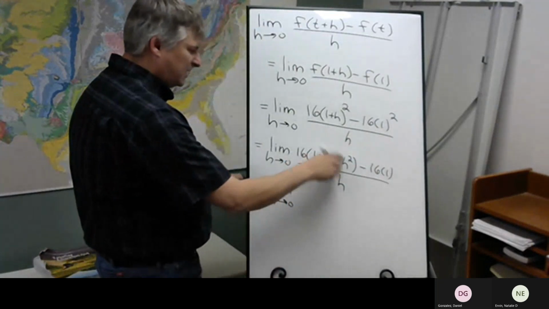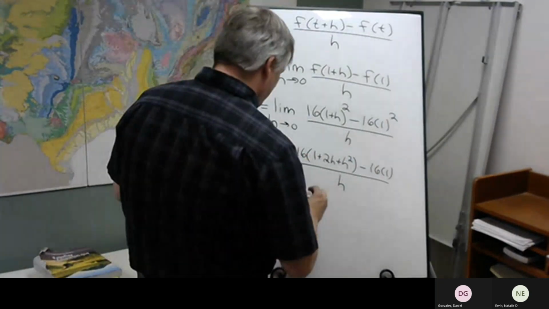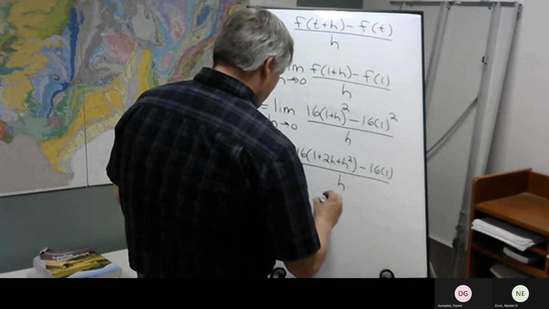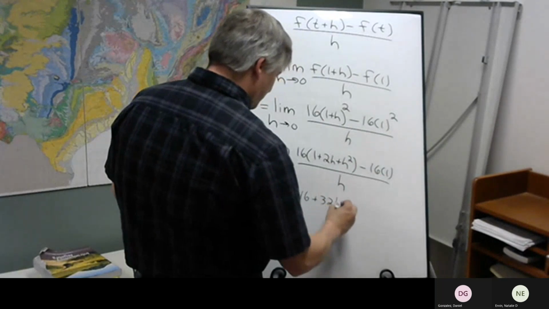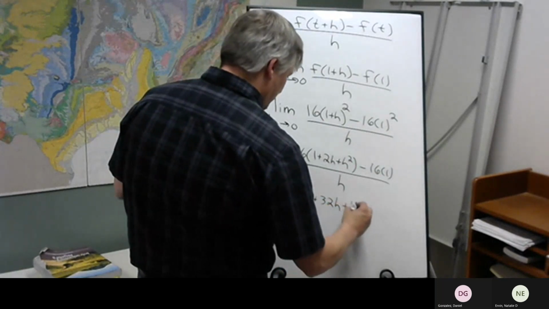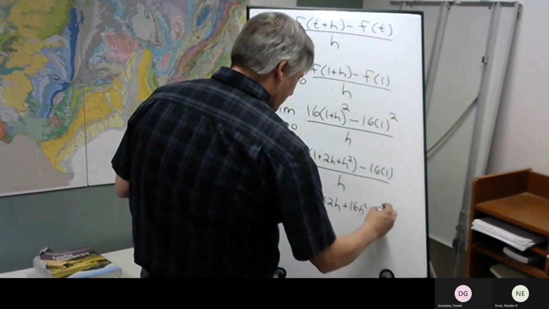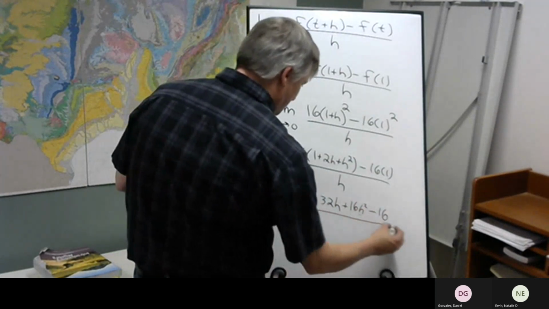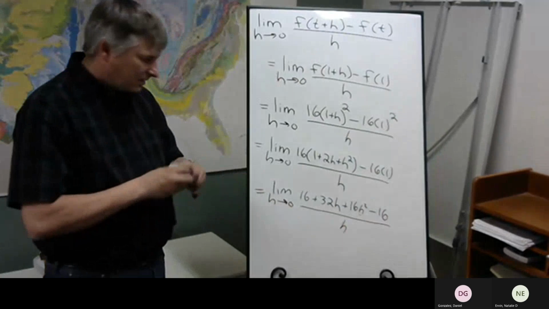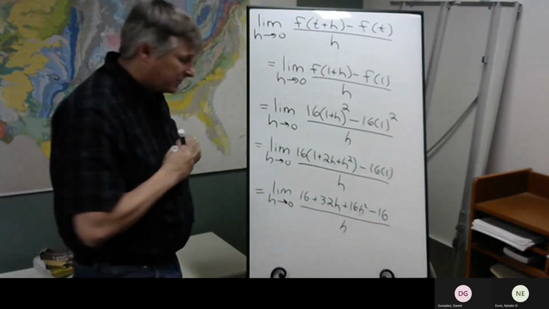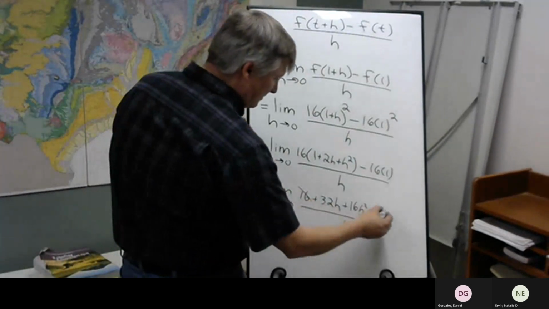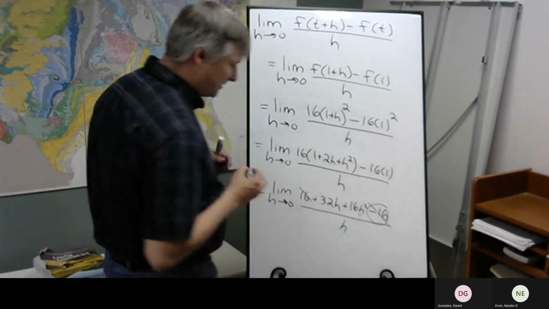We'll distribute the 16 through here. 16 times 1 is 16. 2 times 16 is 32, and we have 16 h squared. And again, 16 times 1 is 16. So we're going to get some cancellation here and here.